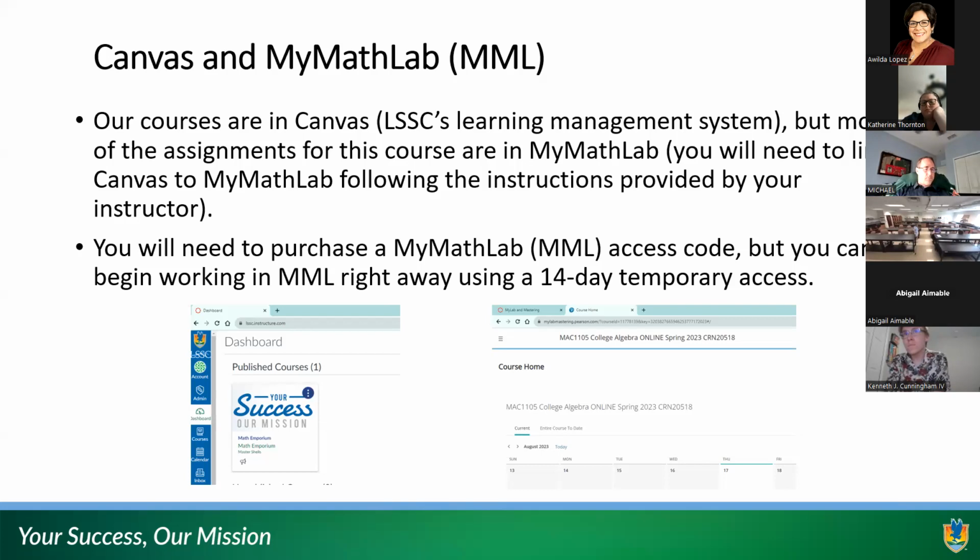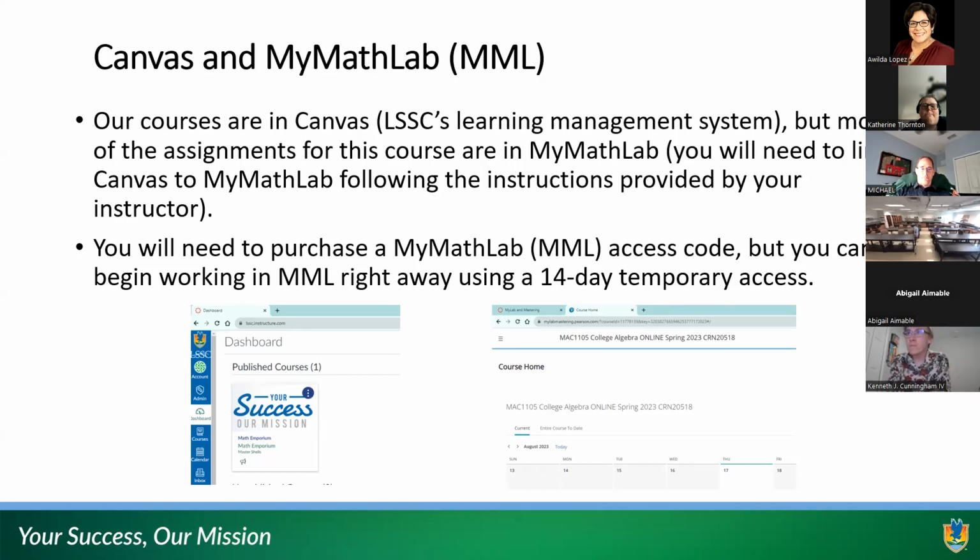Canvas must be linked to the MyMathLab course properly in order for these 2 systems to communicate with each other the way they need to. So you will have instructions provided by your instructor as to how to link your Canvas course to your MyMathLab course. MyMathLab does require an access code, and that code can be purchased through our bookstore. You can also purchase one with a credit card through a link provided in your Canvas course.